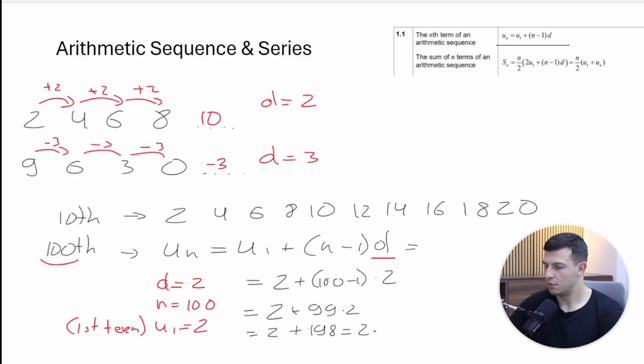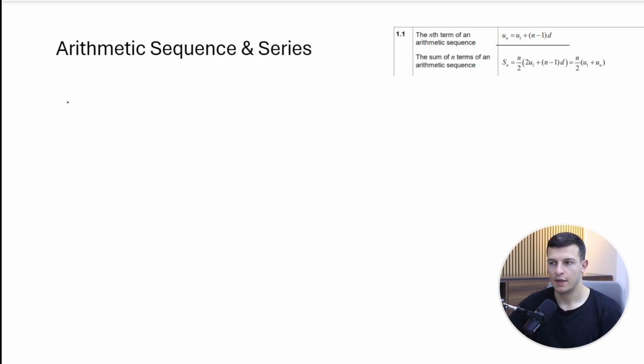And that's going to be 200. So the nth or 100th term in this sequence is going to be 200. Now let's take a look. So we found that in 2, 4, 6, 8, we have d, which is 2. And we also found, for example, n, when n was equal to 100, u_n was 200.